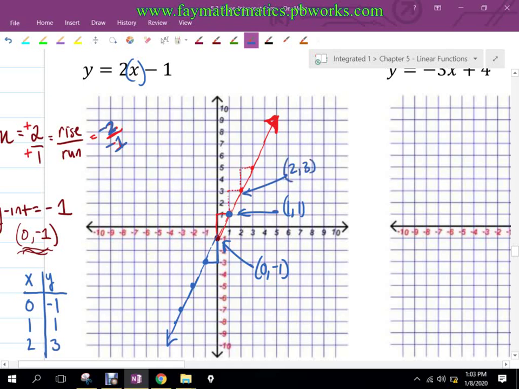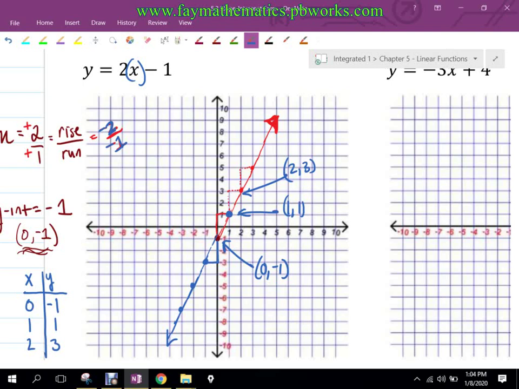Okay, so our line is a visual representation of that T-chart of X's and Y's. But the line is a little bit better because the line actually shows us an infinite number of X's and Y's, right? Because that point right there, even though I haven't put a circle on that point where my finger is, there's a point that is probably 1.5, 2. Does that make sense?